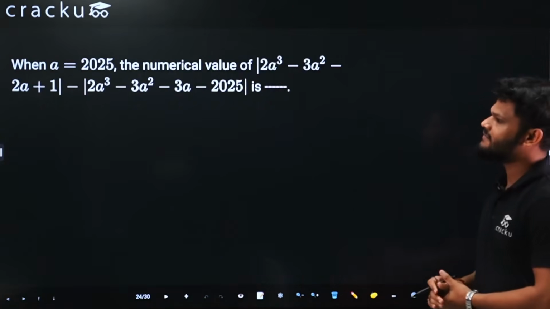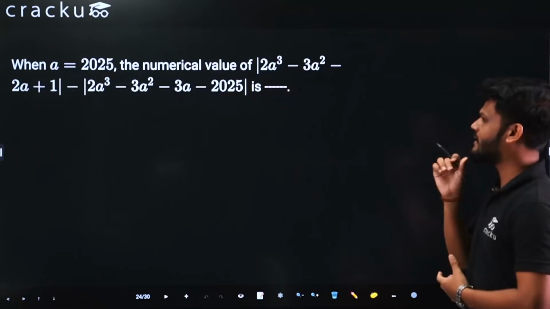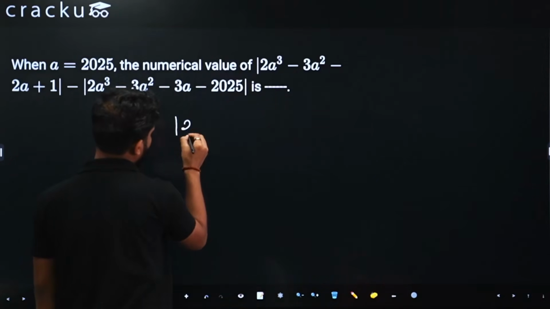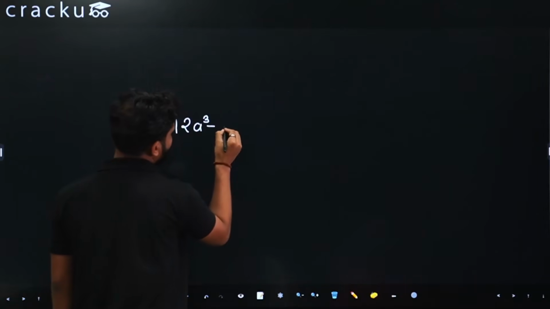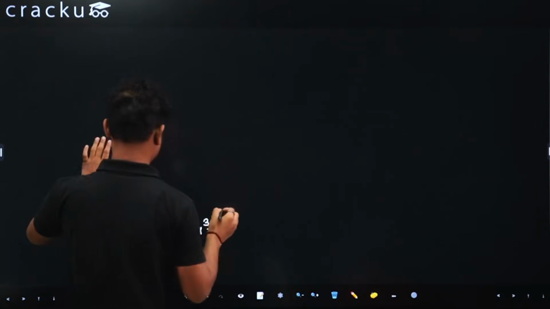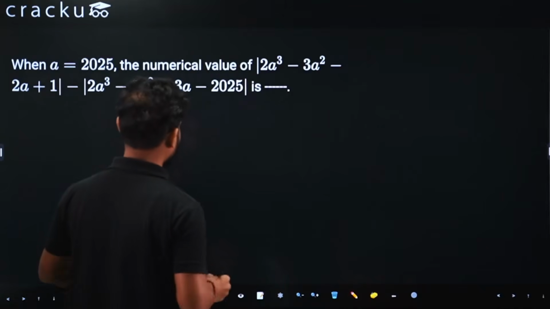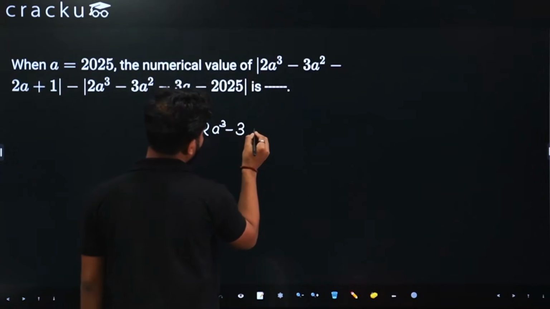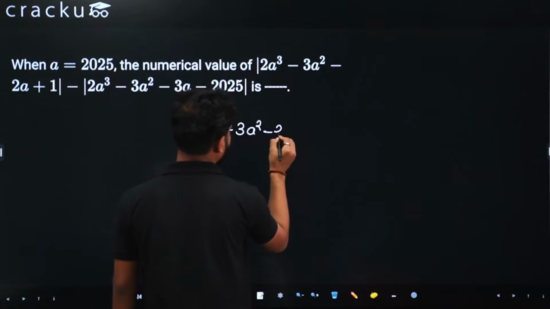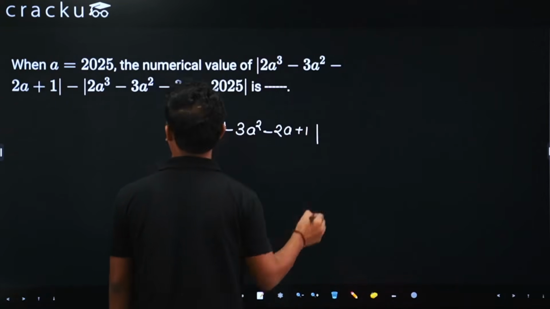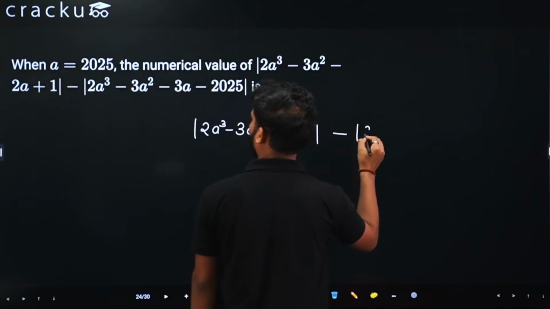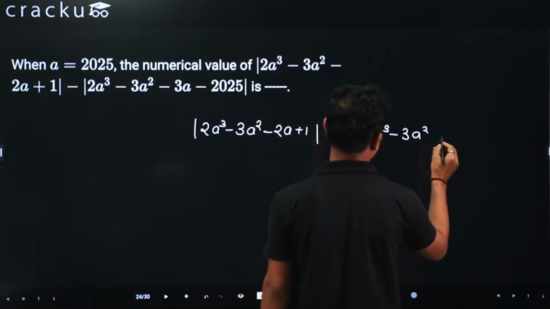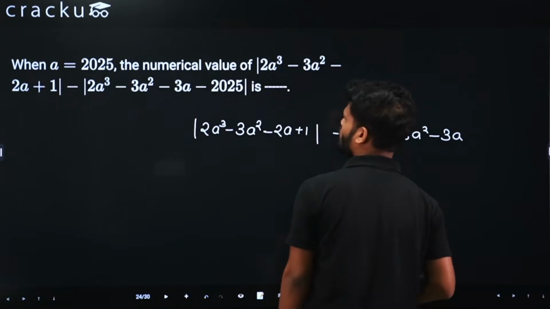In this question we are asked, when a is equal to 2025, the numerical value of the given expression. So it is given mod of 2a cube minus 3a square minus 2a plus 1 minus 2a cube minus 3a square minus 3a minus 2025.